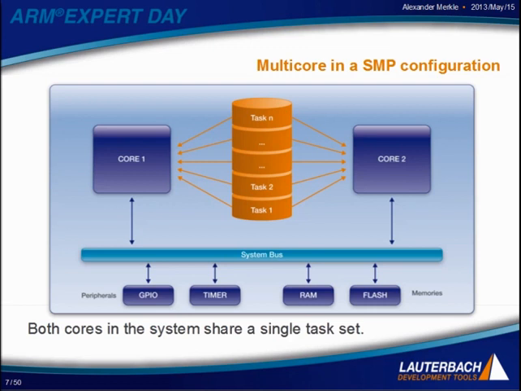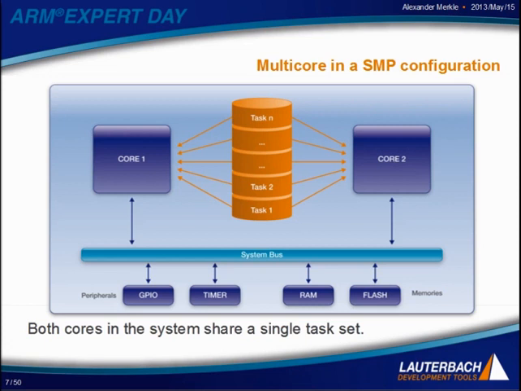I will show you an SMP example. We still have one chip now. We have one core and another one. These two cores now share one common system bus. They share their memory, their data memory and instruction memory, and they share their peripherals.